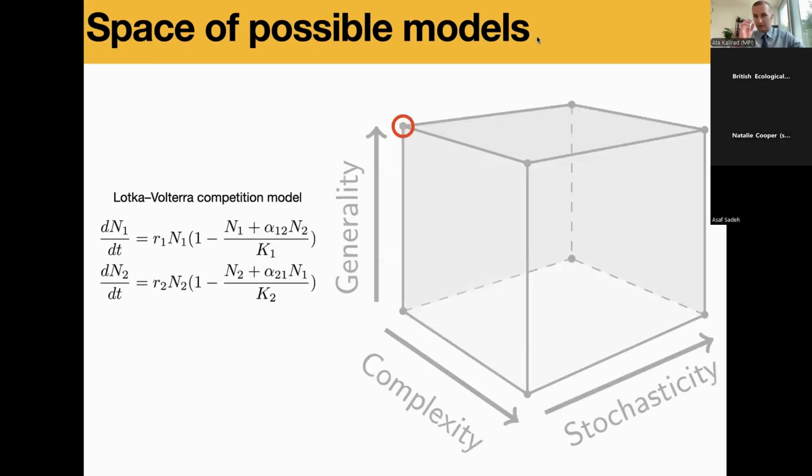Now, in traditional methods, a lot of them are very general, and they are not really that complex with respect to the code required to specify them, and they mostly rely on very deterministic frameworks. So your classic Lotka-Volterra competition model would be like that.